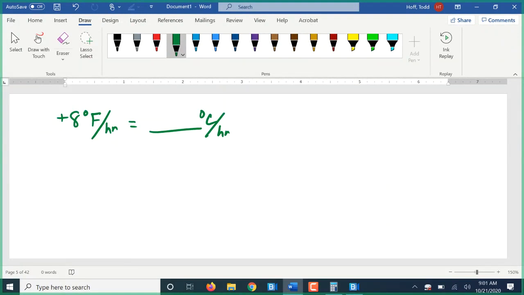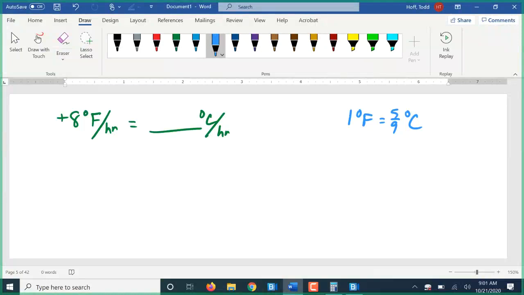I'm not talking about a position on that temperature scale. I'm talking about a change in temperature. So I don't need that plus or minus 32 to equalize my 0 point. I just need to know that 1 degree Fahrenheit equals 5/9 of a degree Celsius.